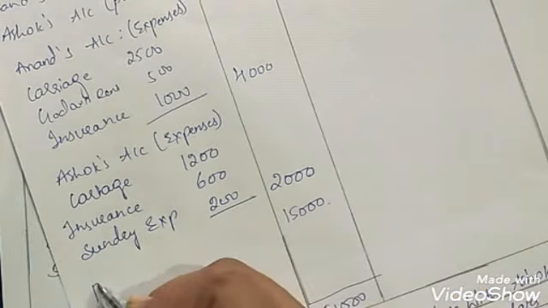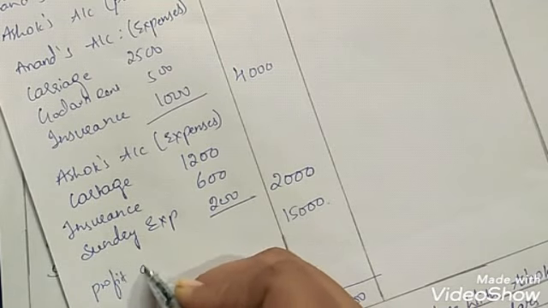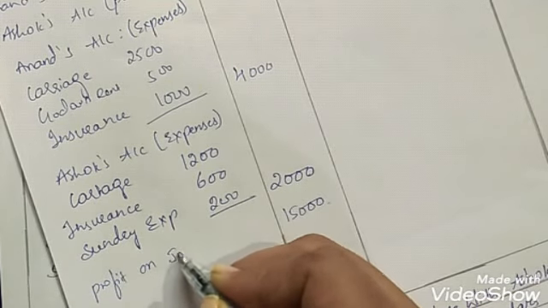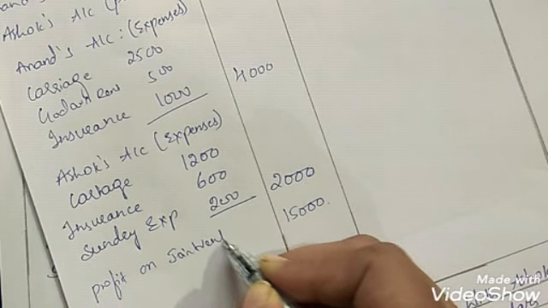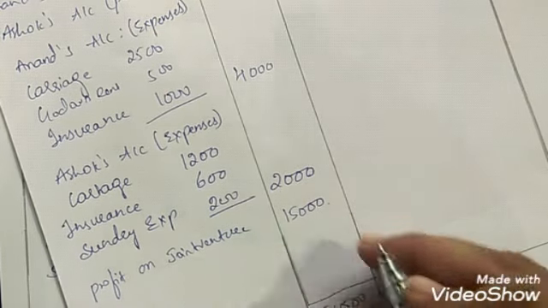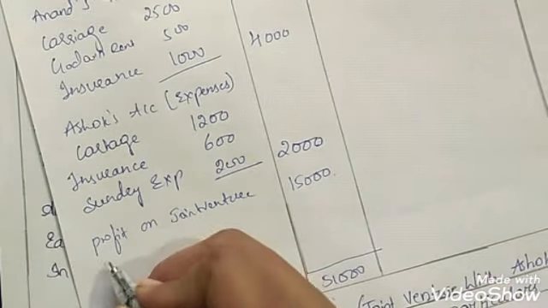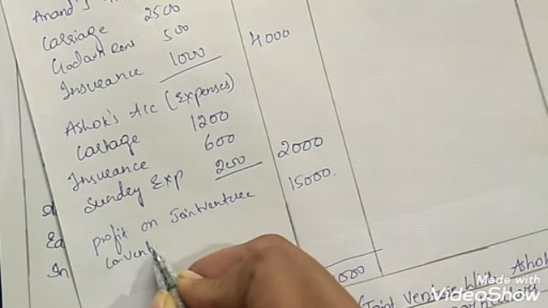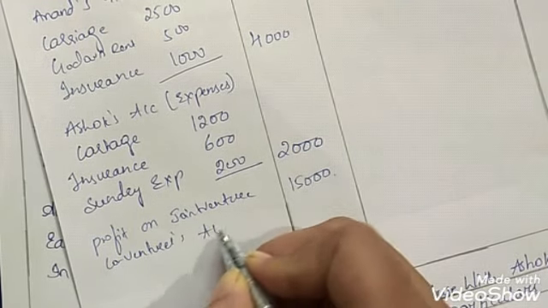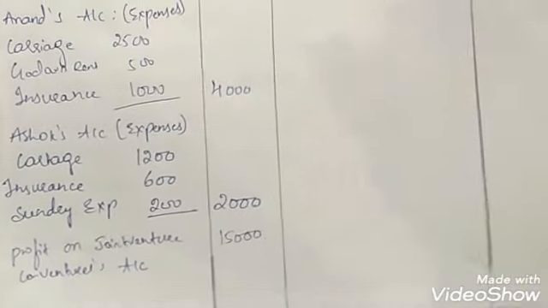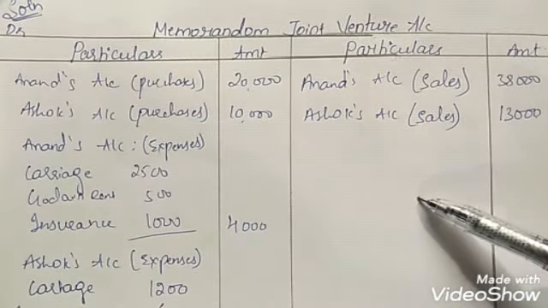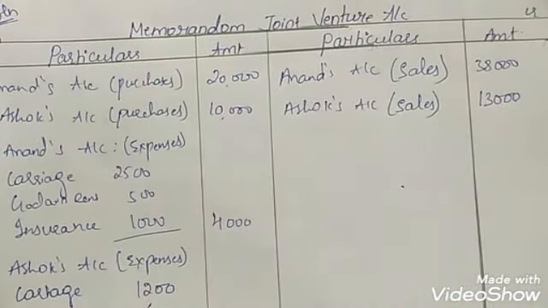So this we call profit on joint venture. This will be distributed among the co-venturers' accounts. In case we get the balancing figure on the debit side, then we call it loss on joint venture.